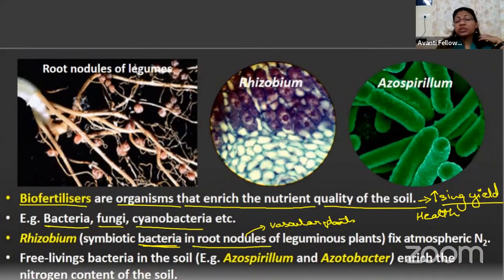So the bacteria present in the roots of the leguminous plant help them to absorb more nitrogen, and they also fix the atmospheric nitrogen around the plant into nitrates and nitrites, so that the plant can get a good supply of nitrogen. Okay. Then we have the free living bacteria in soil, that is azospirillum and azotobacter. They also make soil nitrogen rich.